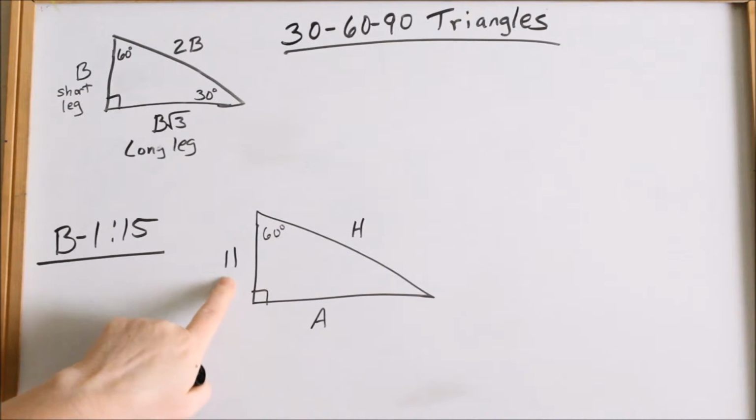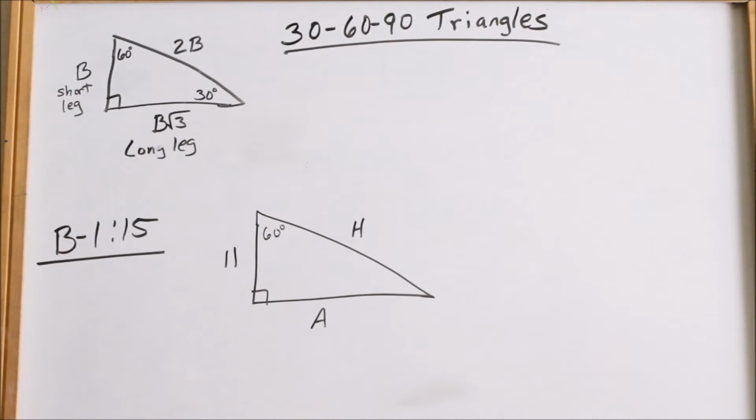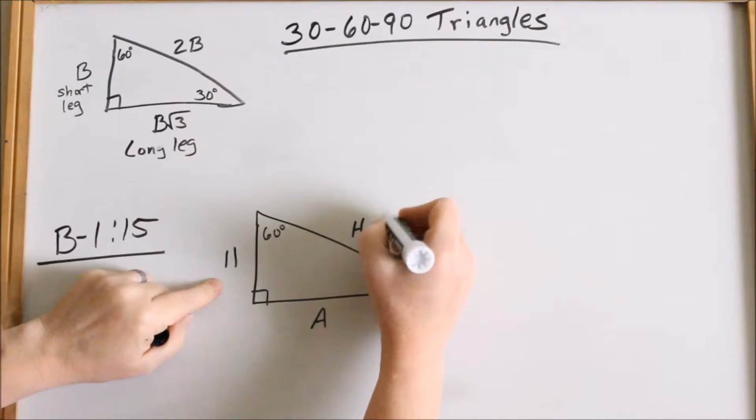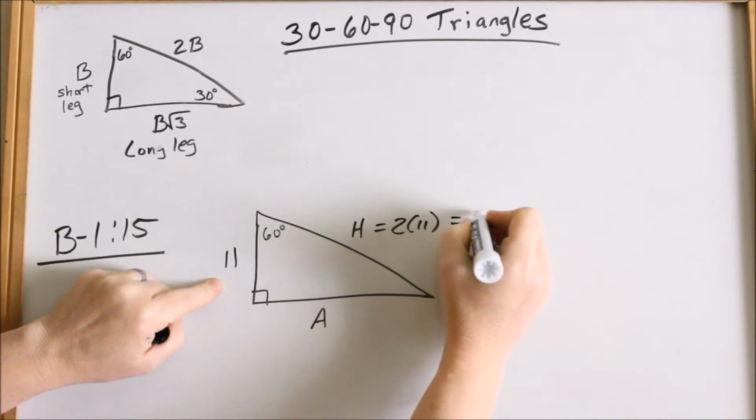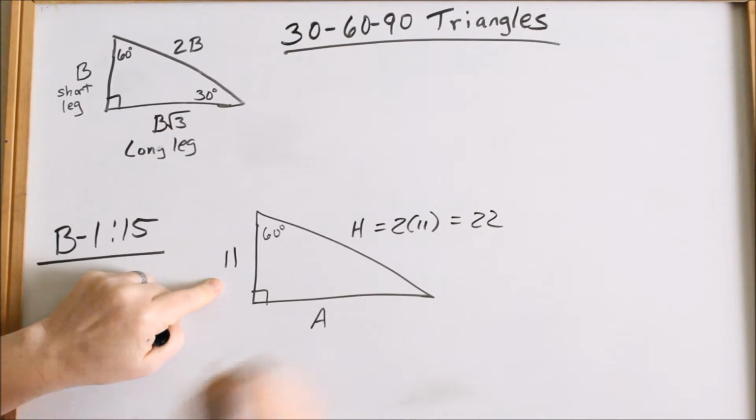So here I've been given the short leg. Okay, following the pattern from above, if I've given the short leg, the easiest thing to determine next is the hypotenuse. The hypotenuse is 2 times the short leg. So this is 2 times 11, which is 22. So the hypotenuse is 22.